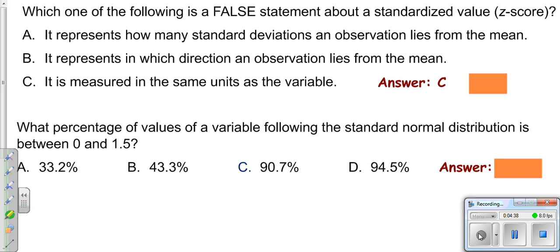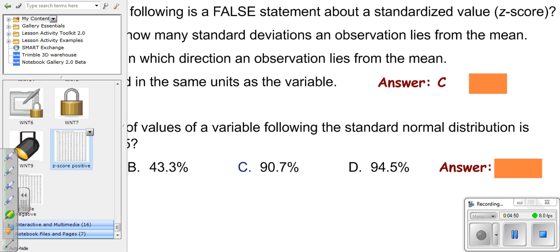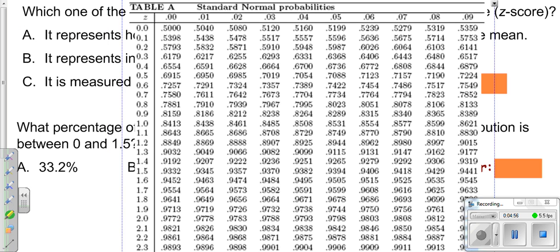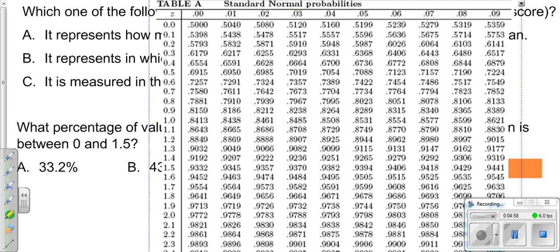Okay. So as we look down at the next one here, we need to go to our table. For you guys, it would be your table in the back of your book. I don't have that, so I need to bring mine up here. And we are looking at between a 0, which is here, and a 1.5. So this is really a 1.50.